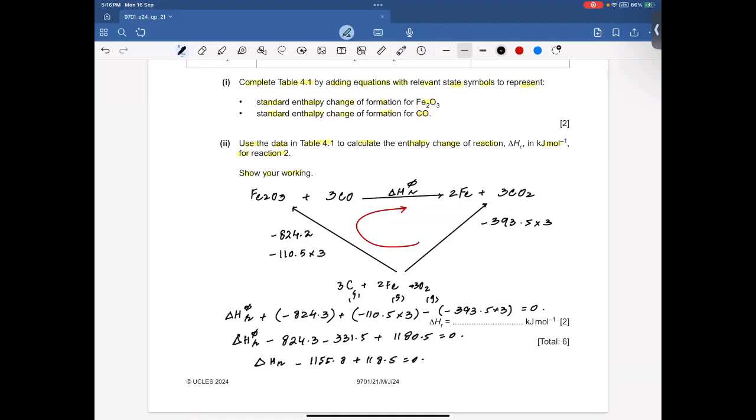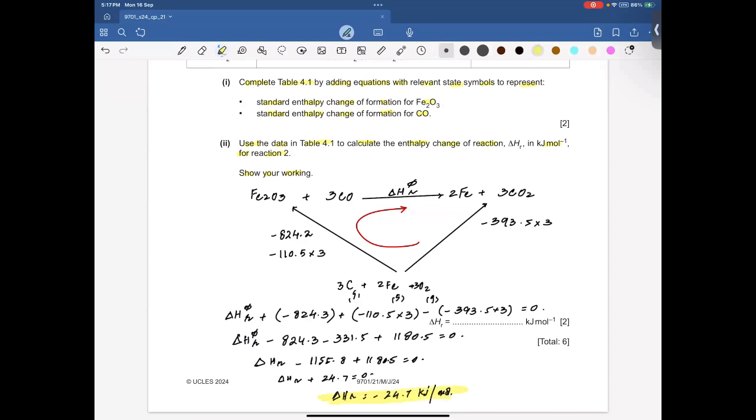So 1180.5 minus 1155.8 is going to be plus 24.7 equals 0. So delta H R equals minus 24.7 kilojoules per mole, and that's my answer.